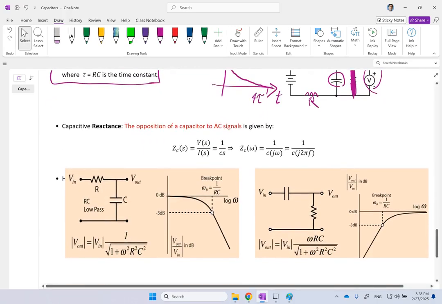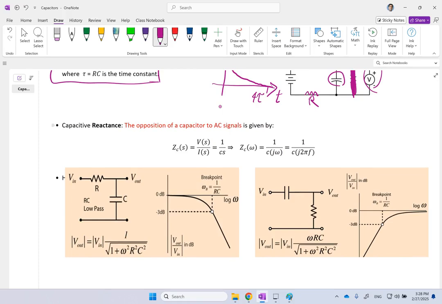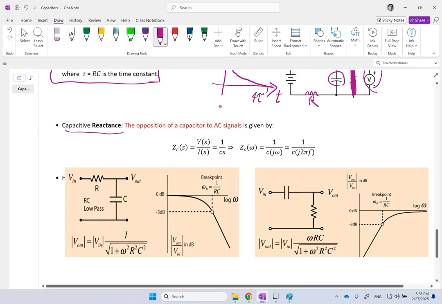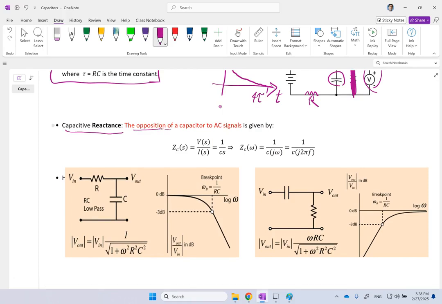So what I need to explain next is the reactance of a capacitor. Reactance is the imaginary opposition or the imaginary resistance of a capacitor to an AC signal. So opposition to an AC signal, this is also what we call the imaginary resistance. And it is the voltage in the Laplace domain over I in the Laplace domain.